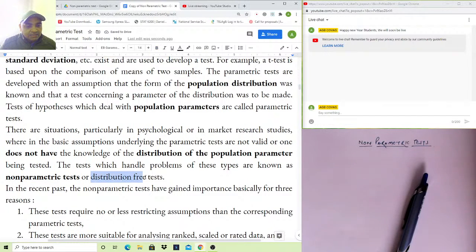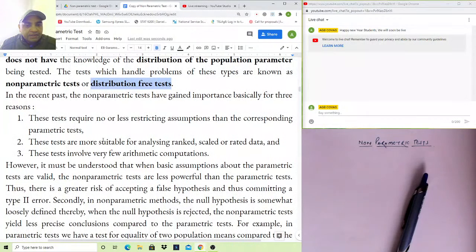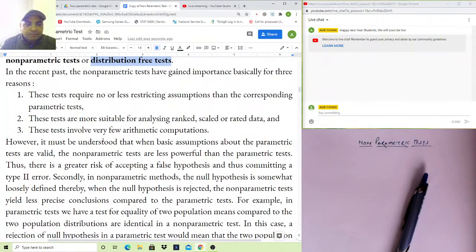Many times this definition is asked: what are non-parametric tests and what are parametric tests. Non-parametric tests are distribution free tests, and in these, knowledge of the distribution of the population parameter is not necessary. In the recent past, non-parametric tests have gained importance basically because of three reasons.